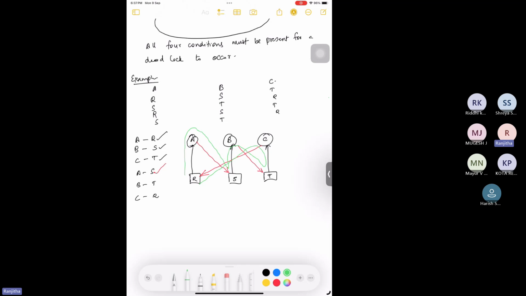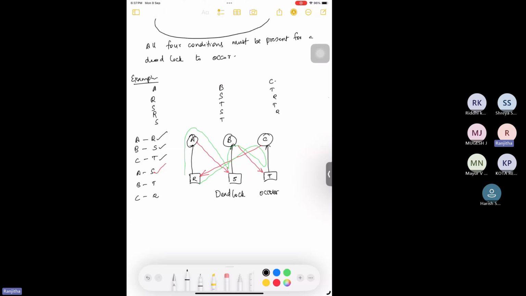So there is a cycle here, and deadlock occurs. If this particular set of resources is requested in this order, then a deadlock occurs. So in a deadlock scenario, the order in which the processes request the resources matters.